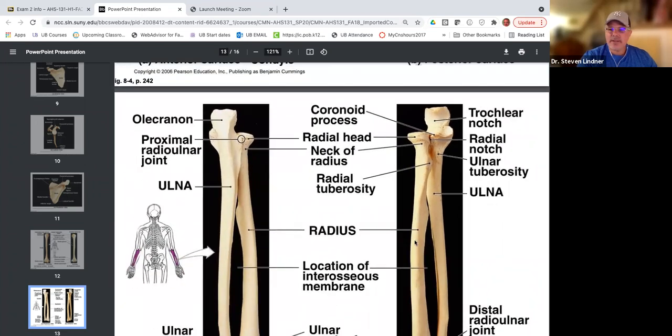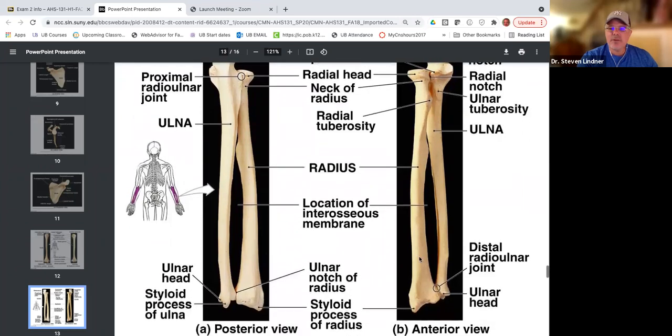So we have a radius and we have the ulna. Once you find that rounded head of the radius, you know that this is the radial bone, and the radius is the more lateral bone. In anatomical position, with your hand in the supinated position, the radius is on the thumb side.